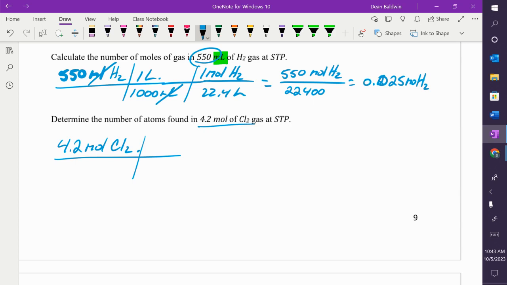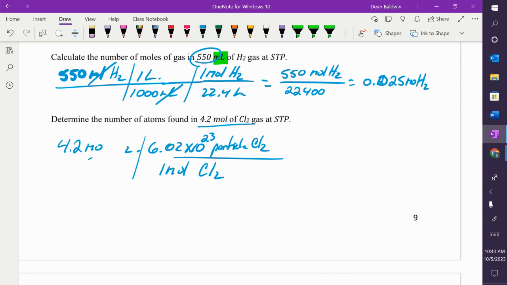That's Avogadro's number. I've got moles. Do I want moles in the top or the bottom of the next box? Bottom. So I'm going to use this one, right? 6.02 times 10 to the 23 particles is 1 mole. Those are particles of chlorine gas. Let's write particles of Cl2 in 1 mole of Cl2. So moles cancel. Now we have particles of Cl2, but I don't want particles of Cl2. I want atoms.